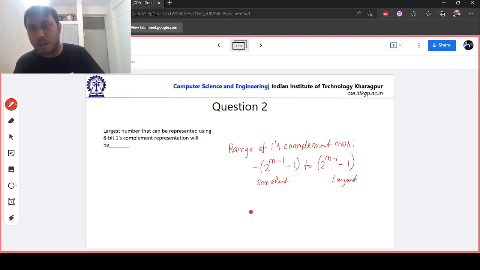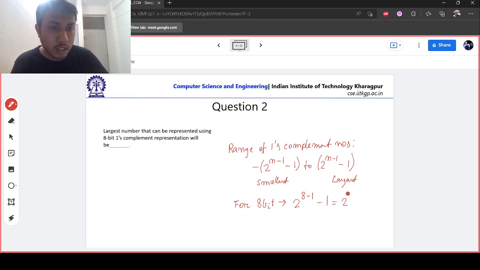So for 8-bit it will be 2 to the power of 8 minus 1 minus 1, that is 2 to the power of 7 minus 1, that comes out to 127.